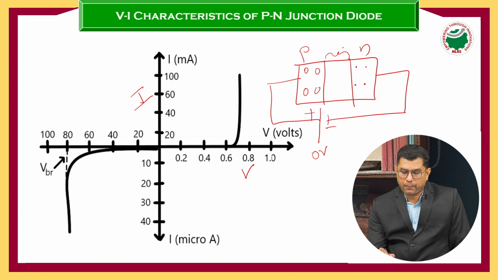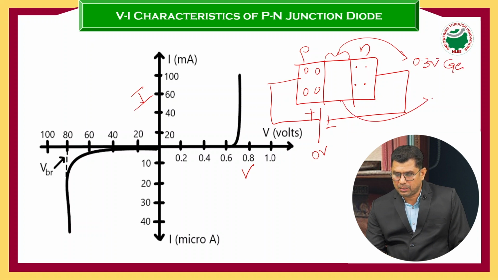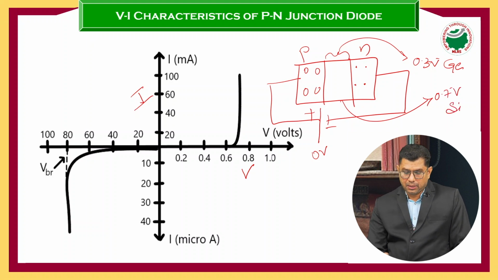This is called the potential barrier or depletion layer. This value is 0.3 volts for a germanium based diode and 0.7 volts in case of a silicon based diode. Means when you apply 0 volts, no charge carriers are passing through the junction.